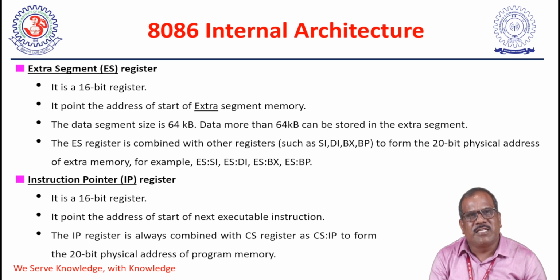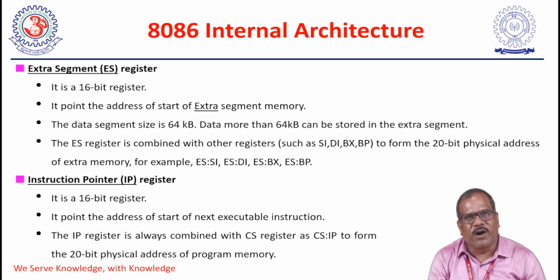Then the instruction pointer is also one of the important 16-bit registers. It holds the address of the start of the next instruction to execute. The instruction pointer is one of the special function registers in the 8086 microprocessor. What does special function mean? It creates a location in program memory space based on the instruction size.